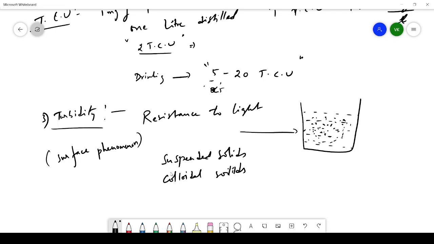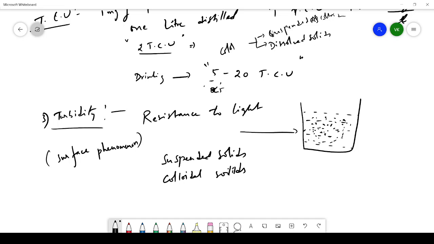One more thing you can see is the color. The color is also produced by two things: suspended solids or colloidal solids, both suspended and colloidal solids, and dissolved solids.